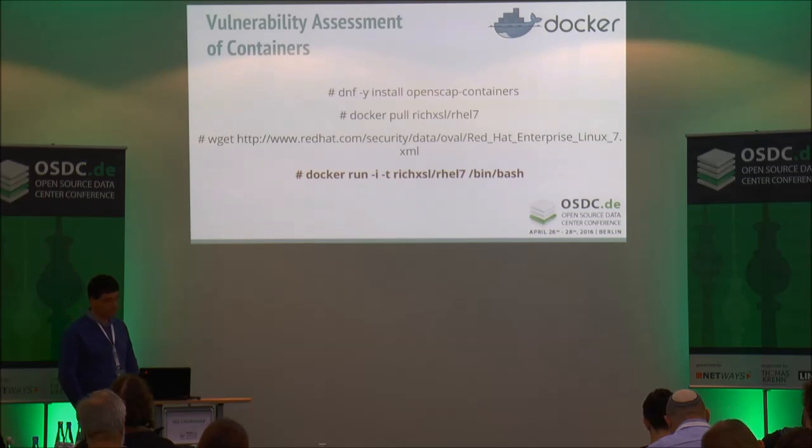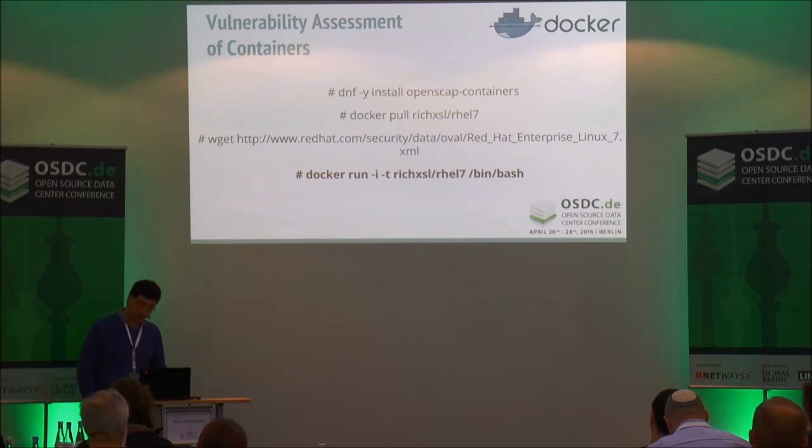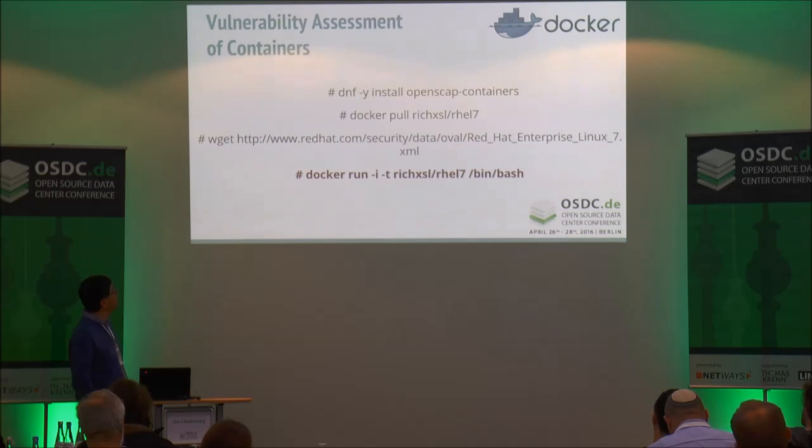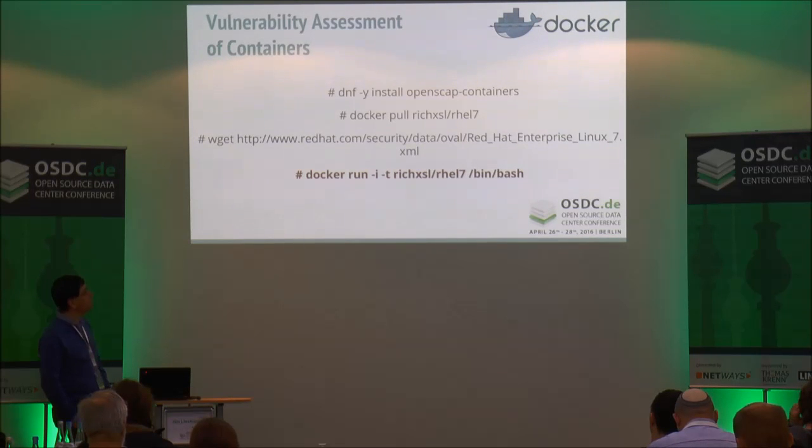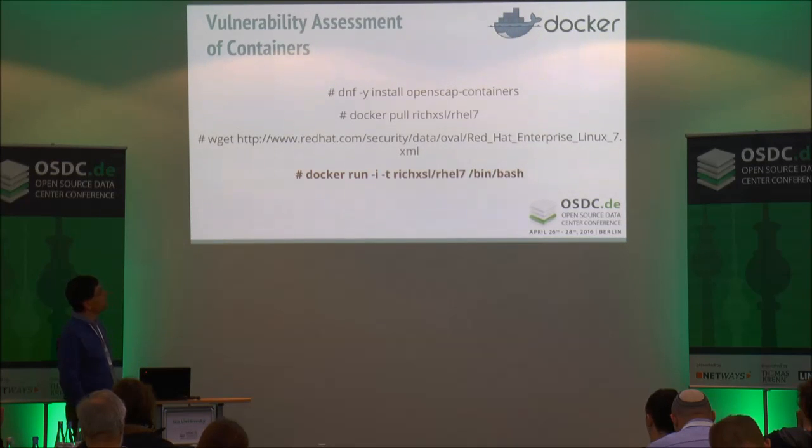The second command retrieves a randomly chosen container from Docker Hub. We retrieve the overall information about the security flaws. In this case, since the container is based on Red Hat Enterprise Linux 7, we retrieve the overall security flaw information for this type of system. We start the image and create a container from it.